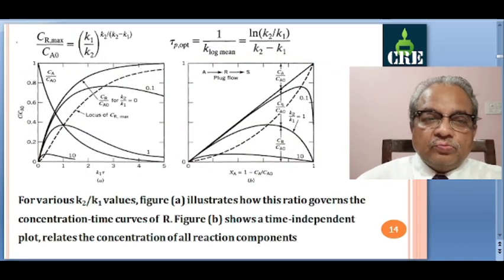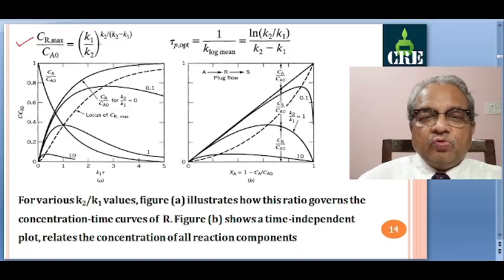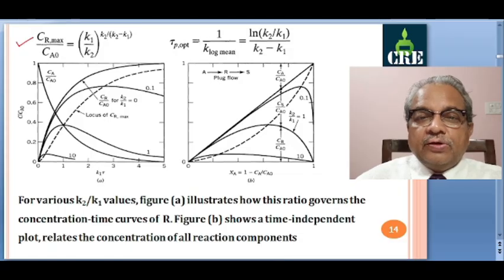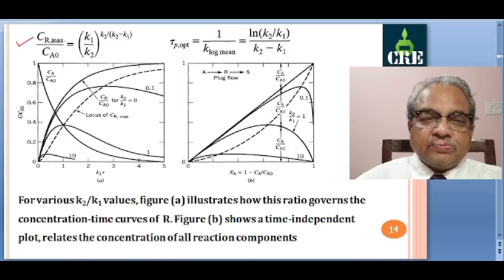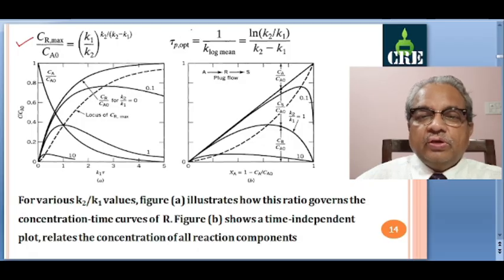We also know this Cr max by Ca0. This is K1 by K2 raised to K2 by K2 minus K1. And optimum time, which we also call t max in batch reactor design. There we have seen, here we use the term optimum time for steady state reactors.